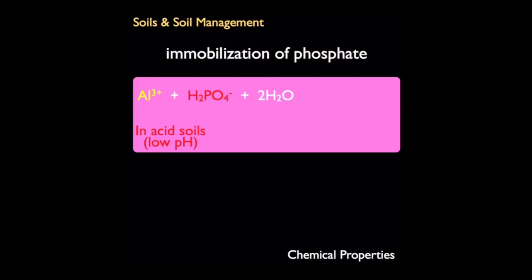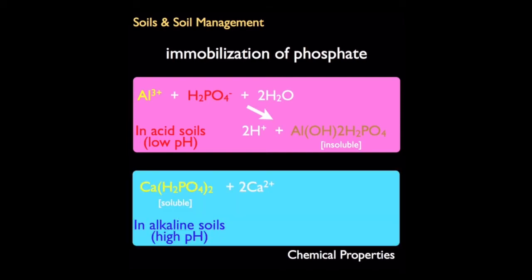For instance, at low pH, phosphates form insoluble salts with iron, aluminum, and manganese ions, or can be bound irreversibly to hydrous oxide clays containing these elements in their crystalline lattices.